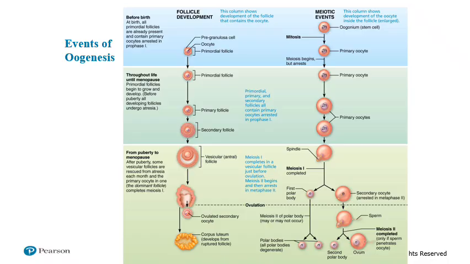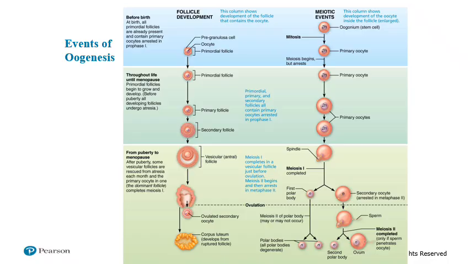After it has been ovulated, the secondary oocyte is again going to undergo the second meiotic division, but will be arrested in metaphase 2. So the secondary oocyte is arrested in metaphase 2. It is not going to proceed until the end of the second meiotic division.